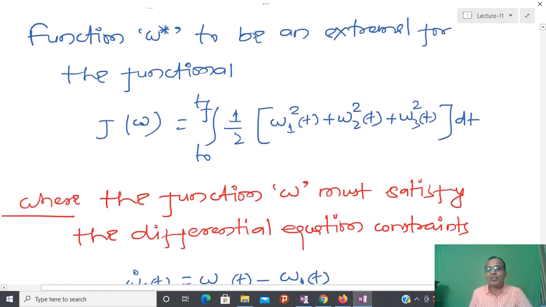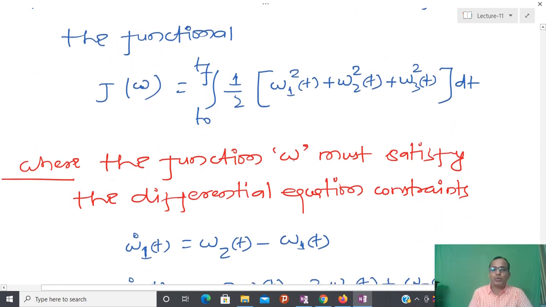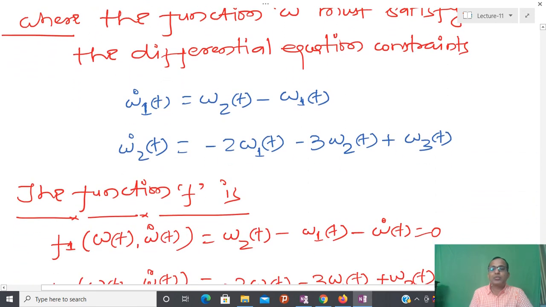And after that, you can see what I have to do: I have to first satisfy all the constraints. The constraint is basically the mathematical model of the system. This is the mathematical model of the system, and I am going to express it in terms of omega 1, omega 2 and omega 3.